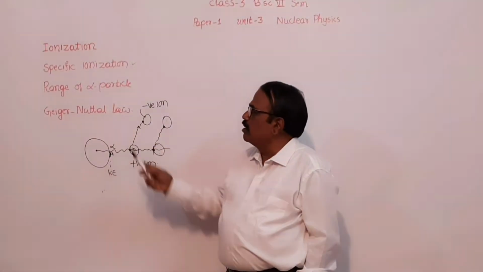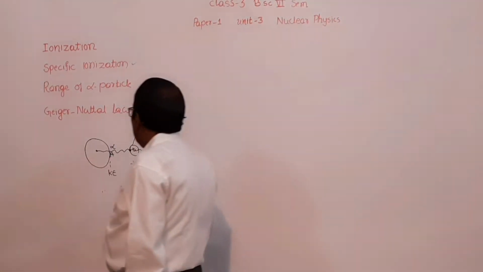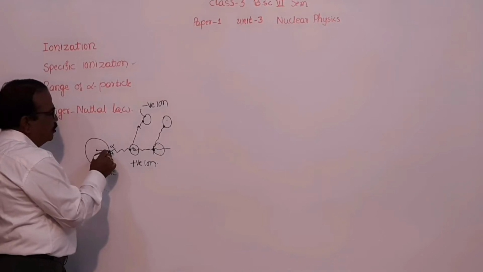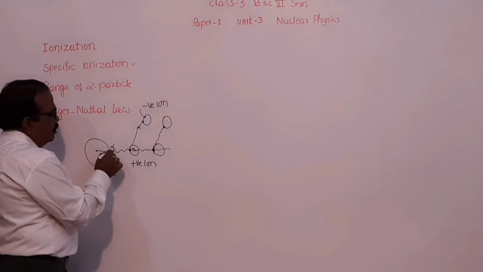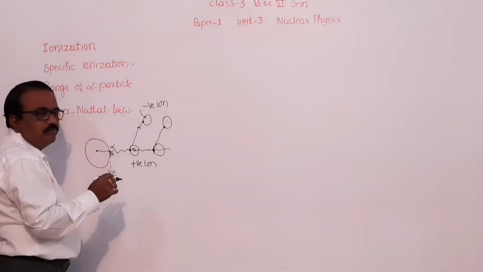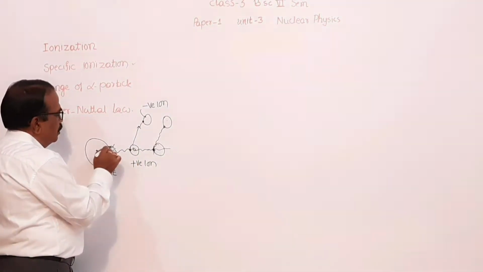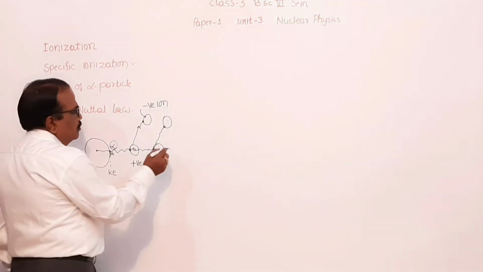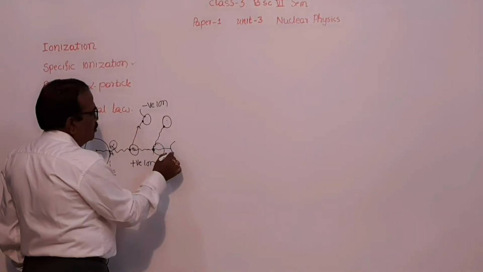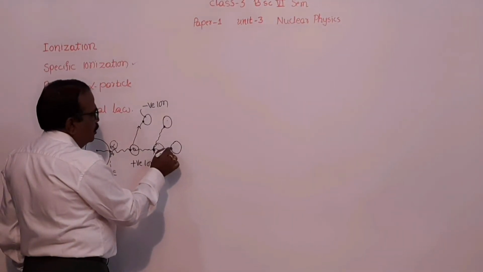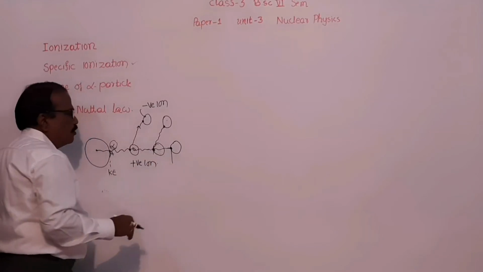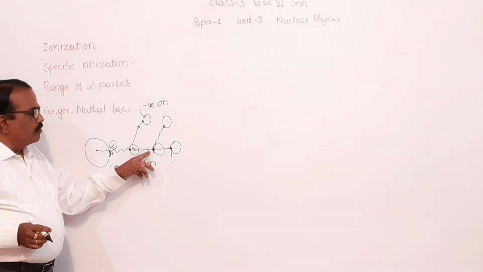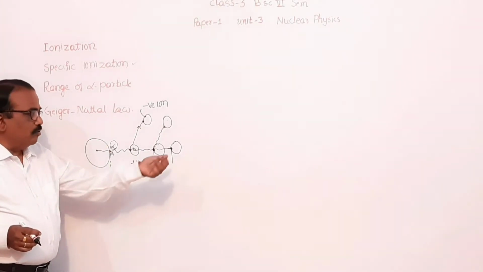Then what is the range of alpha particle? See, alpha particle starts with the maximum energy from this point. Then when it is traveling, ionization takes place. Step by step, this alpha particle loses energy. Then a stage reaches where, though it hits an electron, the electron is not removed from the atom, because alpha particle carries very little energy now.